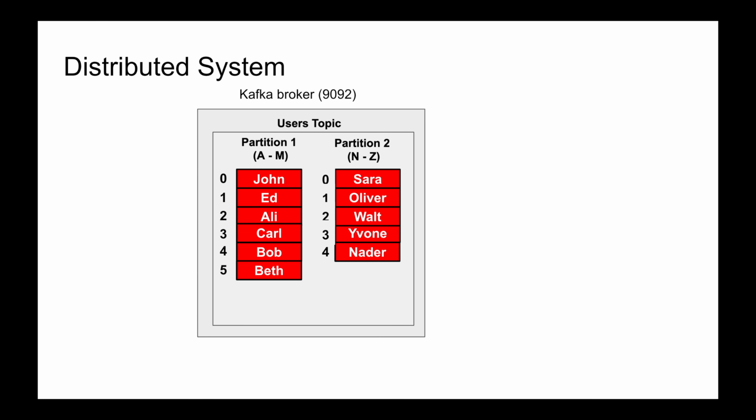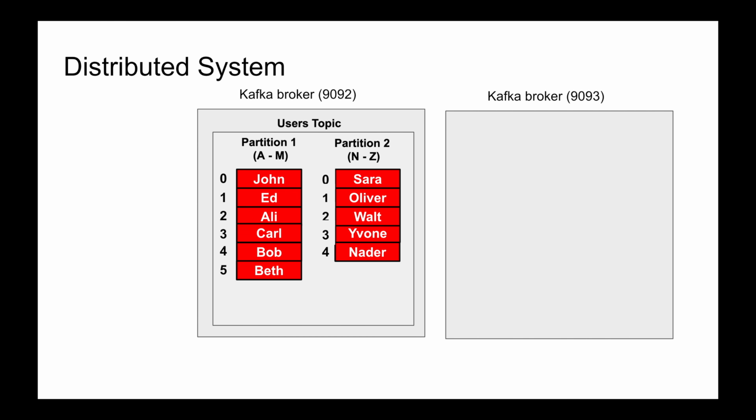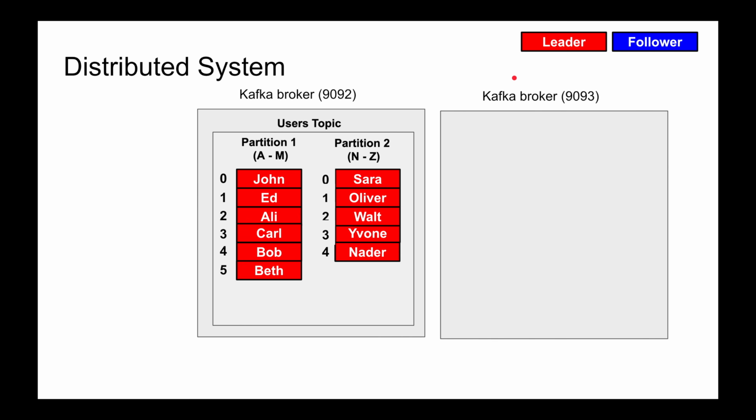Or a kind of master-follower kind of configuration, right? So let's do that. Let's spin up another Kafka broker. We're going to listen to another port. That sounds easy, right? And here's what we're going to do. We're going to copy stuff. And when you copy, we're going to mark things as leader and follower, right?